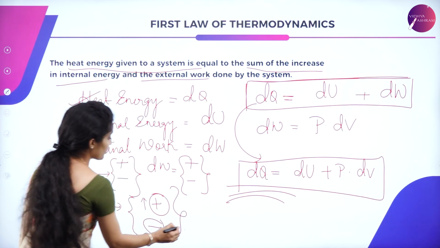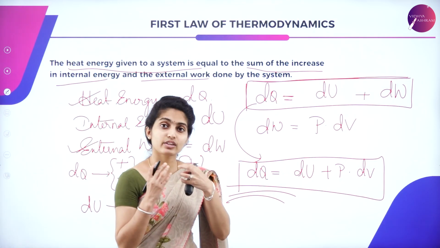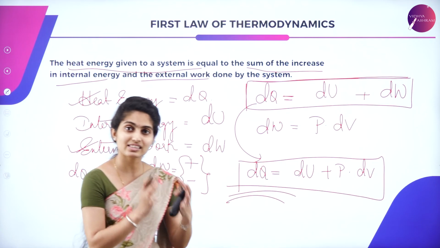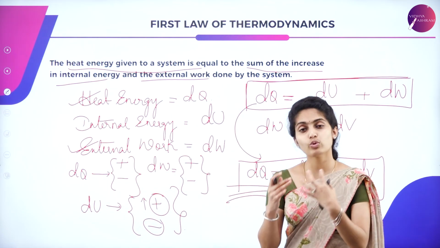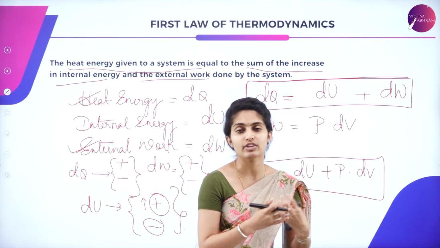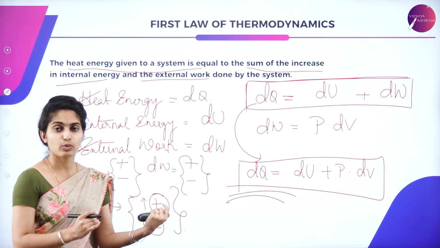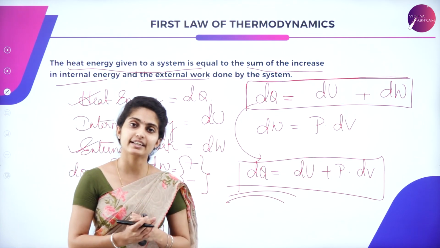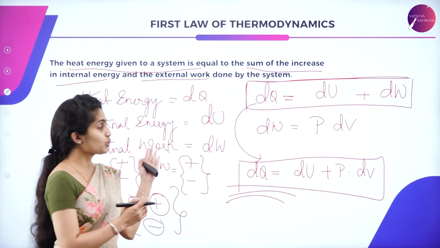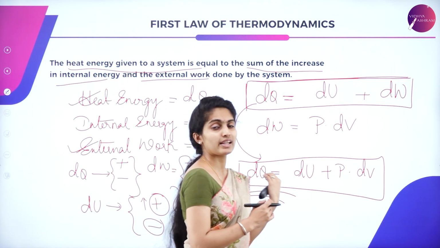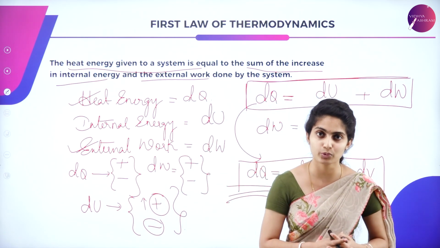That is all about the internal energy, because the way the molecules inside the system vibrate always depends upon the heat given to the system. So if temperature is more, internal energy is more. If temperature is less, internal energy is less.